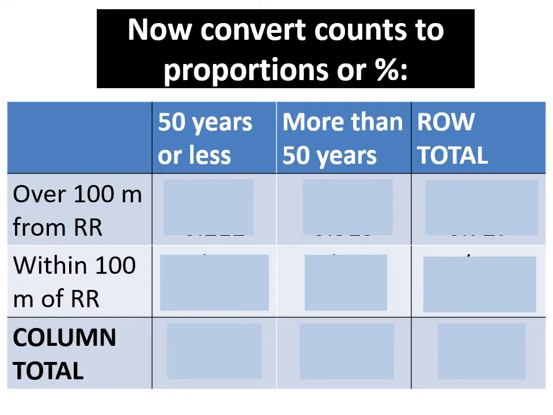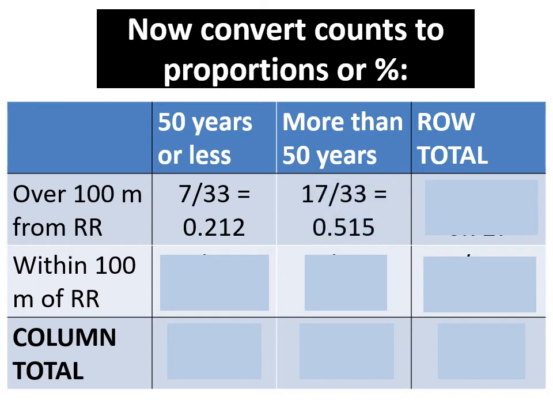So we have our table. In this cell, we had 7 houses that were both 50 years or younger and more than 100 meters from the railroad. So 7 divided by 33 gives us 0.212, or 21.2% if you think in terms of percentages.